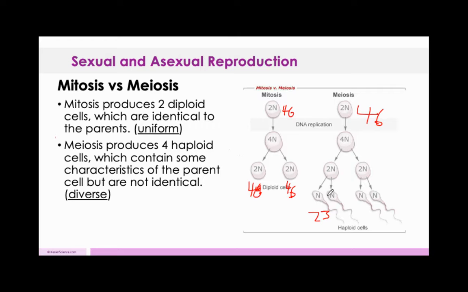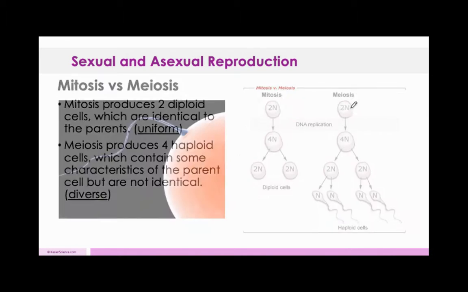The DNA will change with every one of these, so every sperm is going to have a different DNA code. Unlike with mitosis, where you're getting clones. Now remember, this happens inside your cells. The rest is happening just in gamete cells.